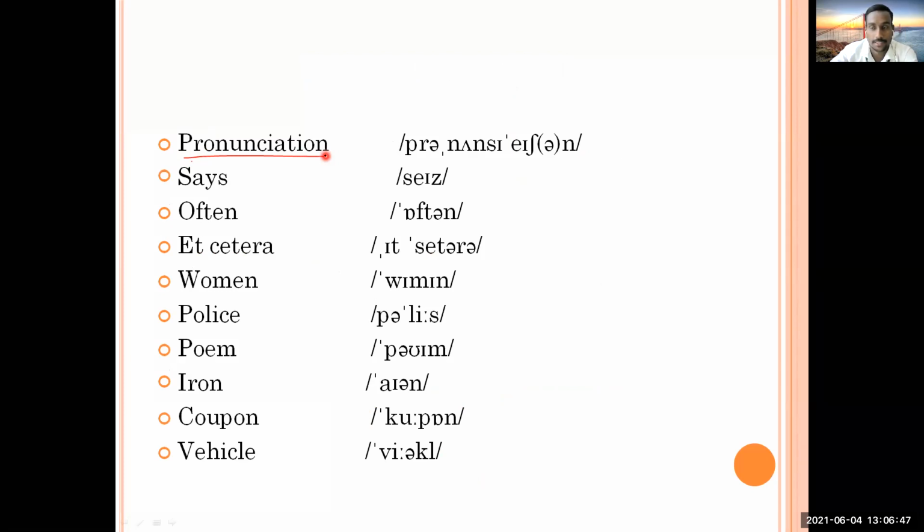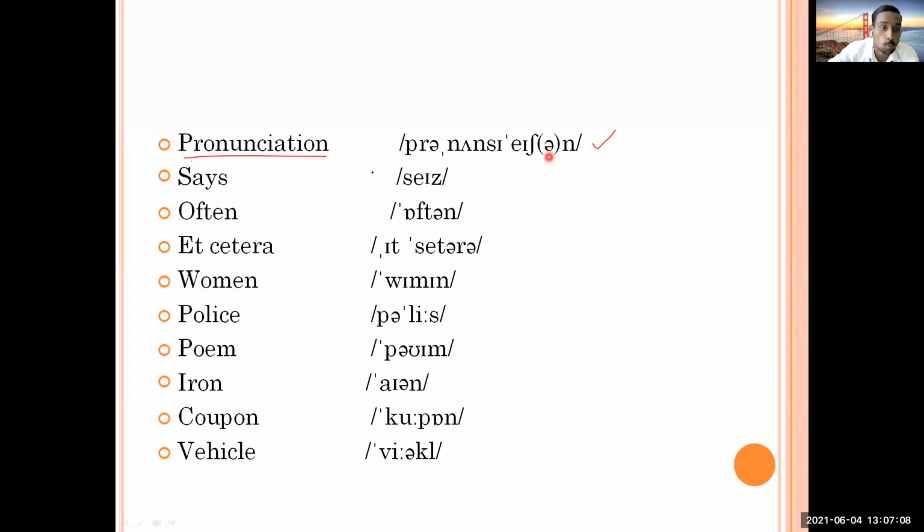How are you going to read it? For your help, I have given this. You can take help of this. So how will you pronounce it? Pronunciation. Yes, it's pronunciation. Again, I repeat, it's pronunciation.